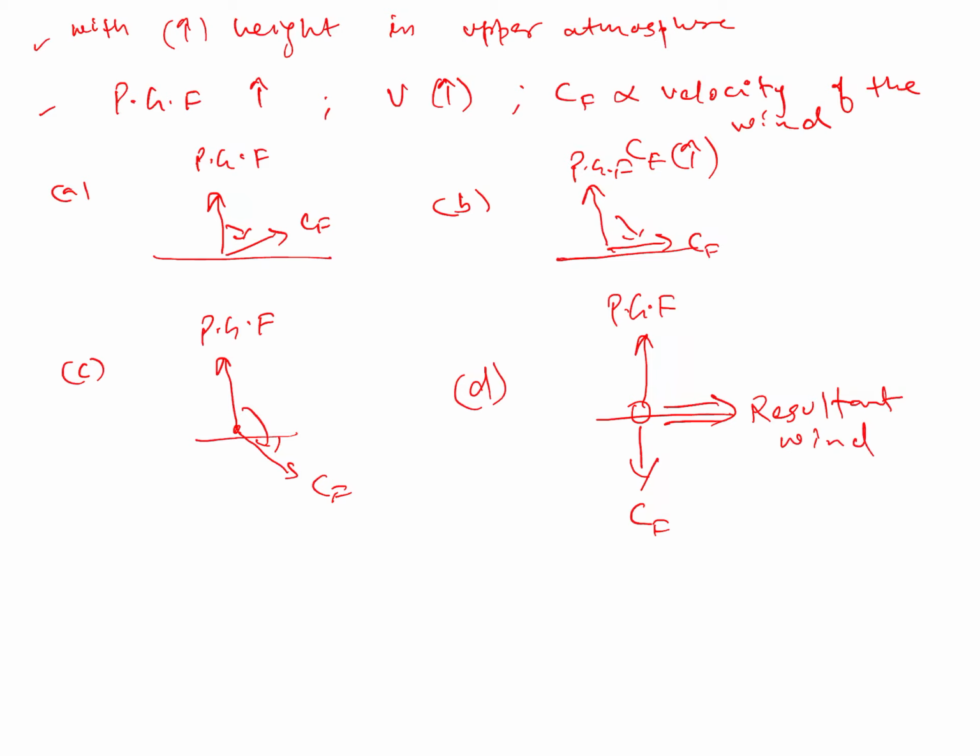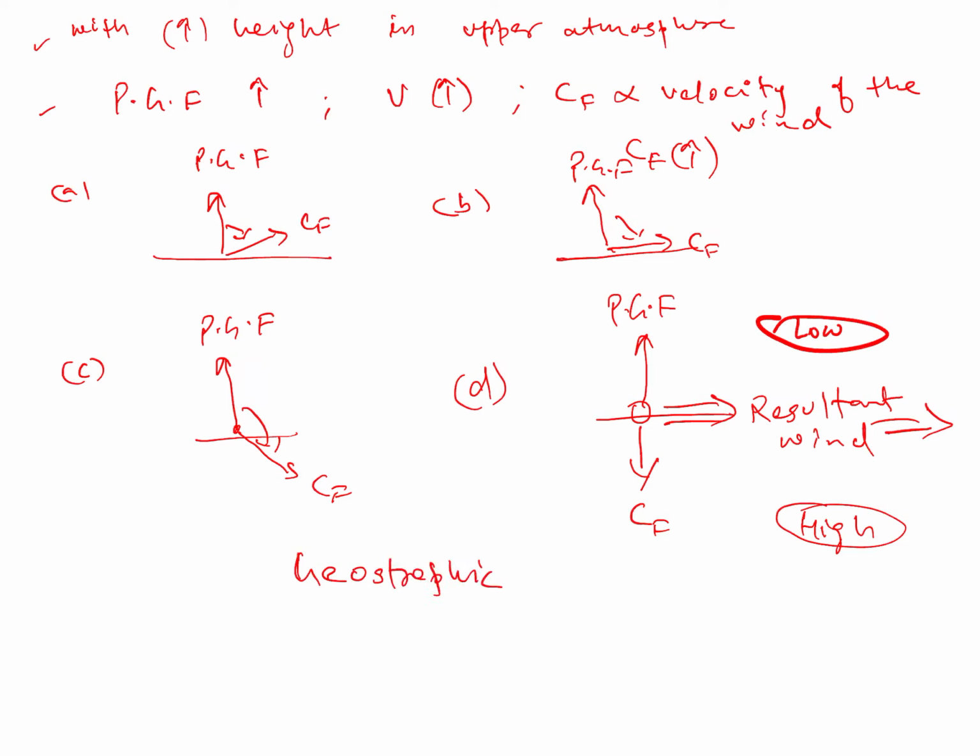So one side is high pressure, and another side is low pressure. Wind moves from high pressure to low pressure, and the resultant wind is moving parallel to the isobar. Such a kind of balance is called geostrophic balance, and the wind is called geostrophic wind.